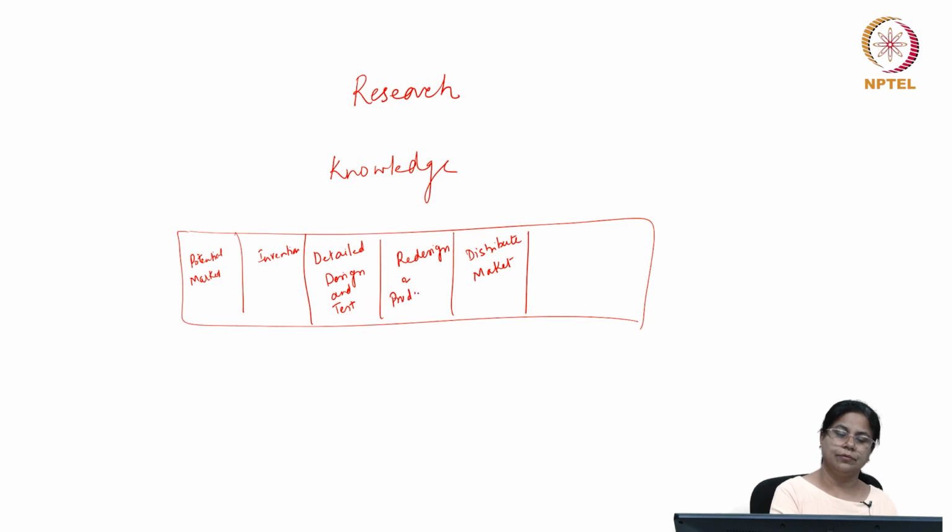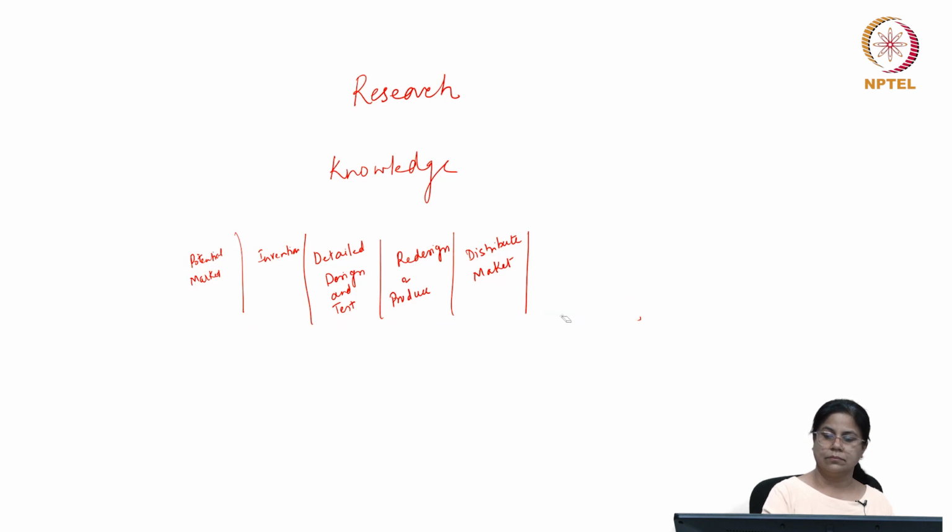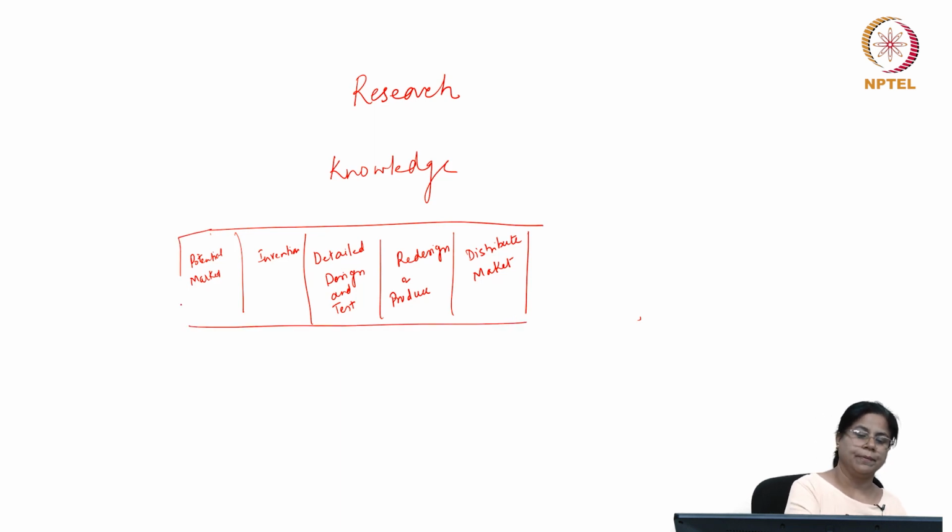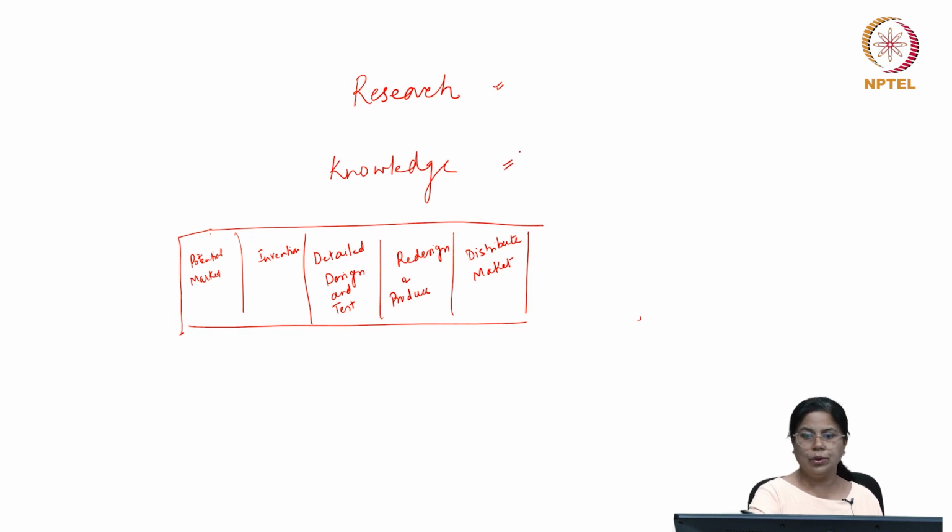So you have these 5 sections below it. That makes it easy to look at. First, beginning with the basic research, there is knowledge. What do we mean by knowledge? We will have a look at it. And then these are the 5 steps.